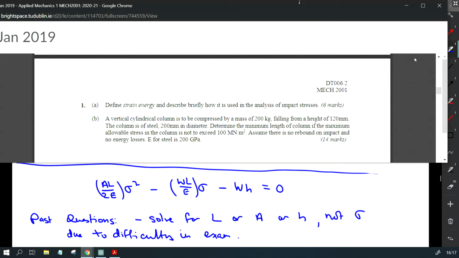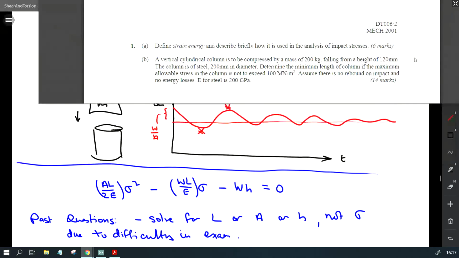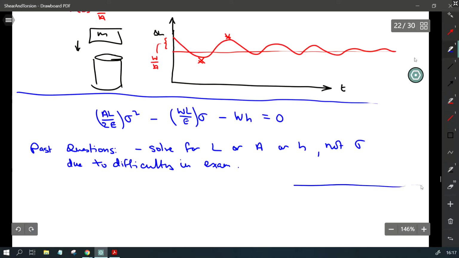Strain energy is the potential energy stored in an elastic body due to strain or elastic deformation, however you want to put it.